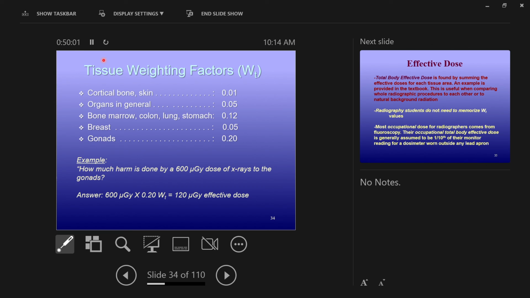So 600 times 0.2 is, hopefully, if they did the math right, 120. And so the effective dose is 120 microgray. Notice all these factors are less than 1, right? It always brings it down. So that's your tissue weighting factors, giving you what's called the effective dose.